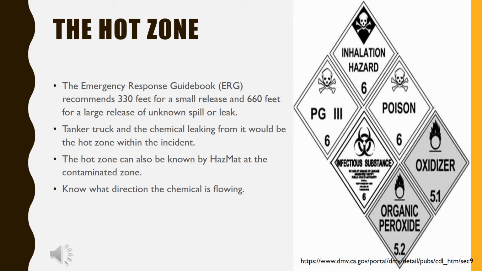The one big thing is you want to know what direction the chemical is flowing, because that's going to help with the whole rest of the 7 critical tasks of your inner perimeter, your outer perimeter, command and staging posts, and all that you need to be protecting and preventing anything from happening to anybody else.